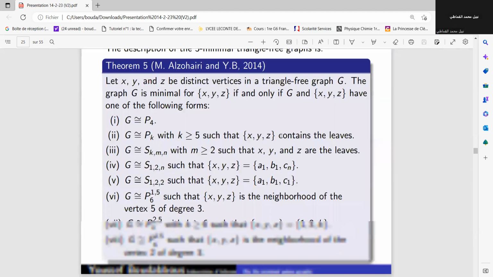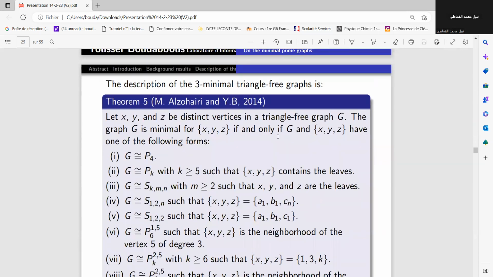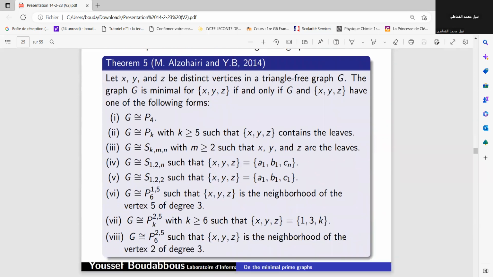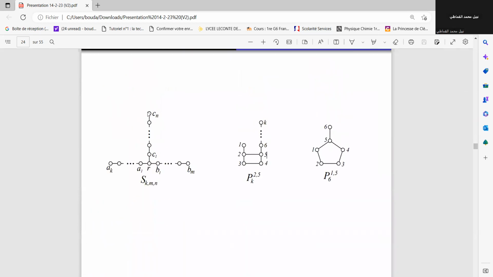And the result with Al-Khwarizmi: given 3 distinct vertices in a triangle-free graph, the graph G is minimal for these 3 vertices if and only if one of these assertions is satisfied. P4, okay, small solution. PK says that XYZ contain the 2 leaves, the 2 ends of the path. SKMN, and XYZ are the 3 leaves.